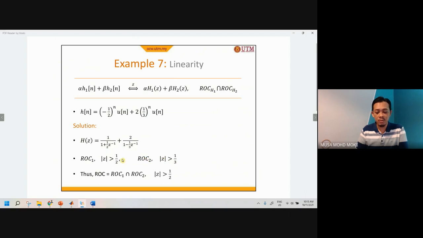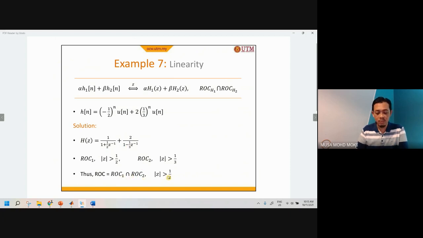So we need to combine these ROCs because we cannot have two separate ROCs. As a single system, you should have one ROC. The ROC is actually the intersection of ROC1 and ROC2.